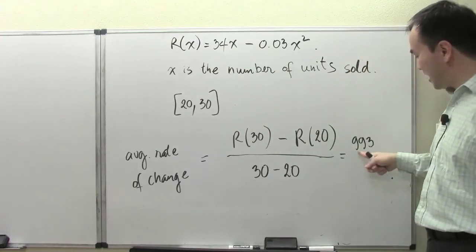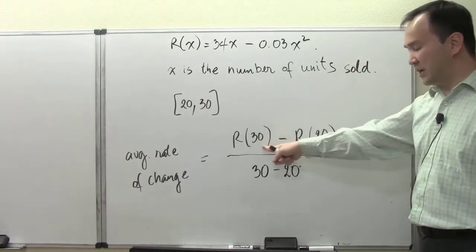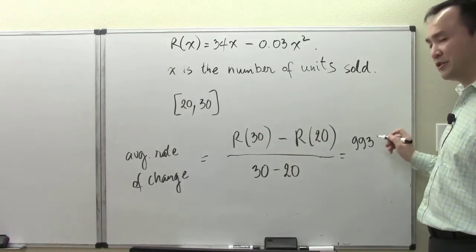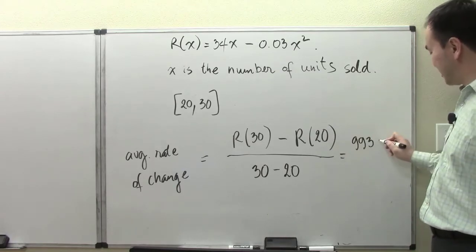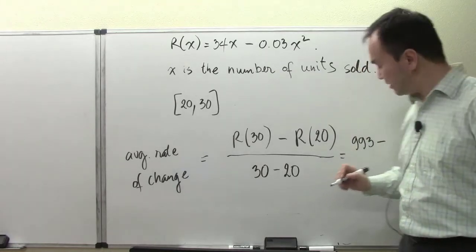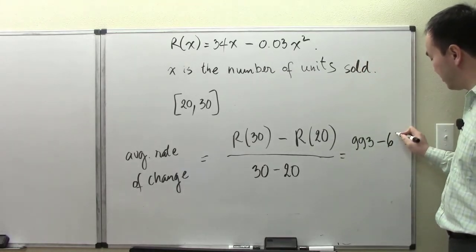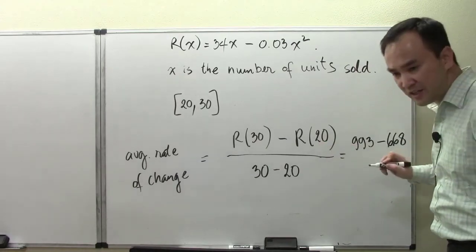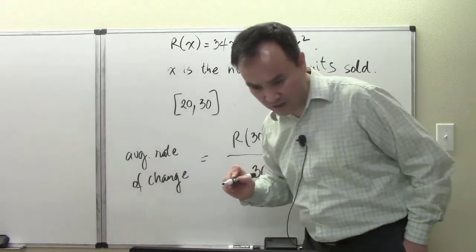Okay, so 993 is your revenue for selling 30 blenders, and then you're going to subtract the total revenue for selling 20 blenders, which is going to be 668, and let me make sure I copy it down correctly.